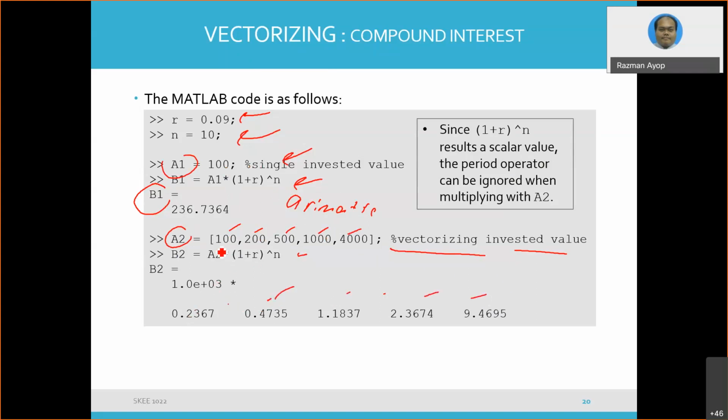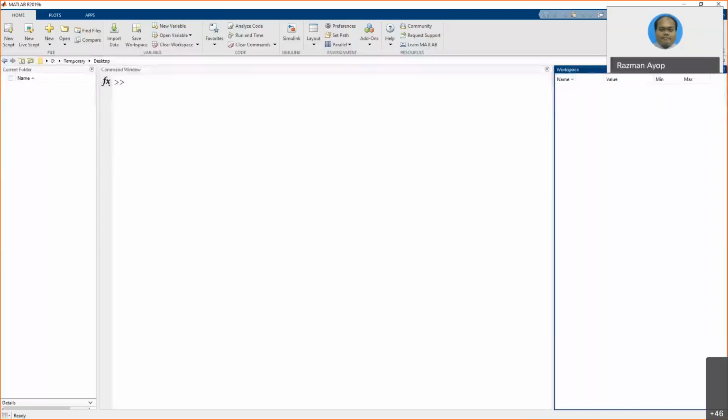I think for this one, you should put a dot. Try with your MATLAB. So let me try. This is your MATLAB.